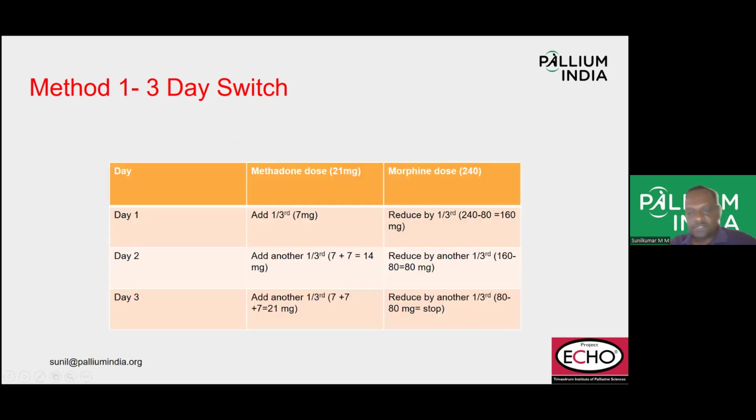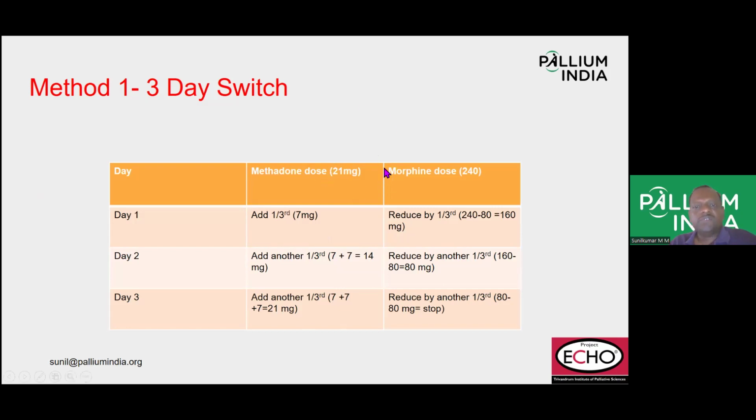So this is how you would institute the methadone if you follow the 3-day switch. On the first day, you have to add 1/3 of the total calculated dose of methadone.